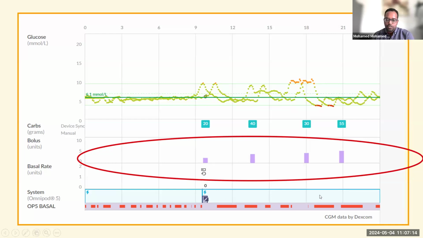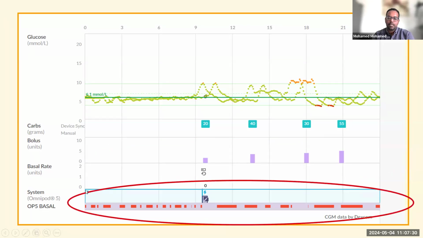Now, this is a screenshot of the application, the platform. Usually, in real life, when you hover over this, it pops up and tells you how many units have been given, what the ICR is at the time, and even more information about that. The bottom thing is the pump activity. That's the basal insulin.